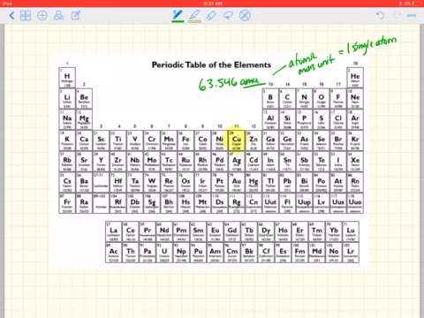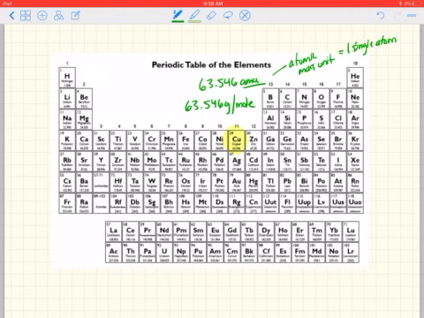But because we are not dealing with single atoms, but rather trillions of atoms, the more handy value is the mass value. So copper also has a molar mass of 63.546 grams. So the molar mass is grams per mole.